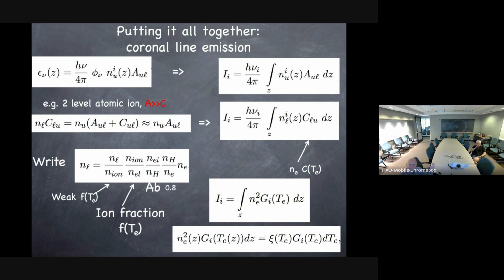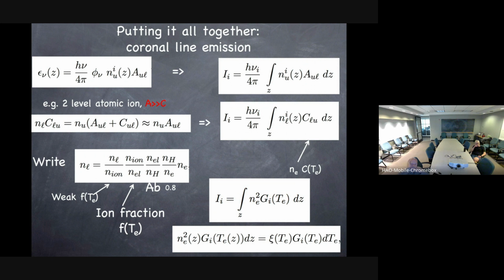So we want to relate that to properties of the plasma. The left-hand side, epsilon, the top one, is just a statement that the energy is distributed also in frequency. But notice that on the right-hand side, I've integrated that out because the integral of phi nu is 1 by definition. In other words, we're conserving the energy radiated into 4 pi steradians. The plasma is going to determine the frequency distribution by the velocities of those ions as they're emitting. And so we end up with an equation on the top right-hand side.